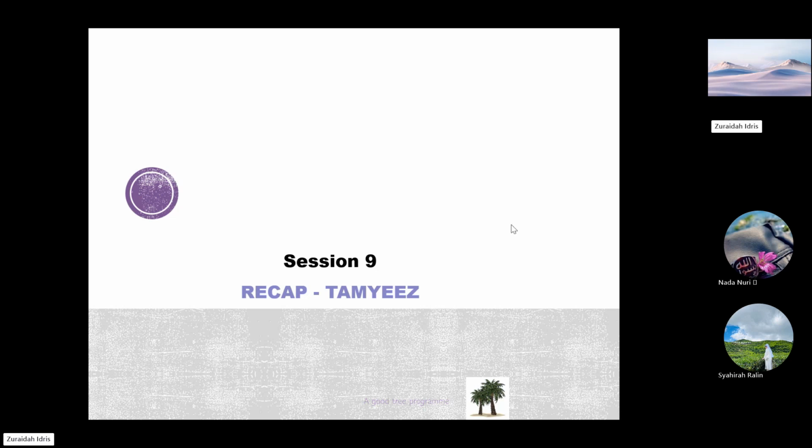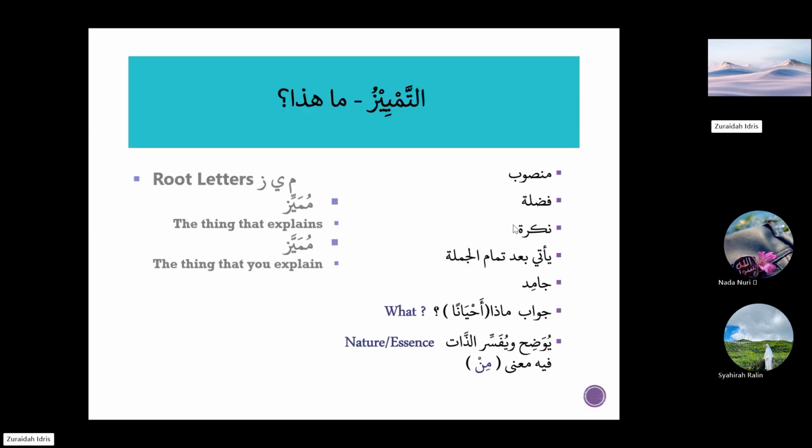Okay, alhamdulillah. So we learned about tamyiz and we asked ma haza, what is it? So the root letters, as you can see, is mim, ya, and zai. So mumayyiz is the thing that explains, and mumayyaz is the thing that you explain.